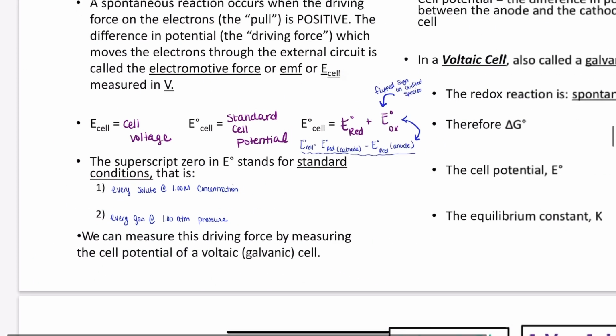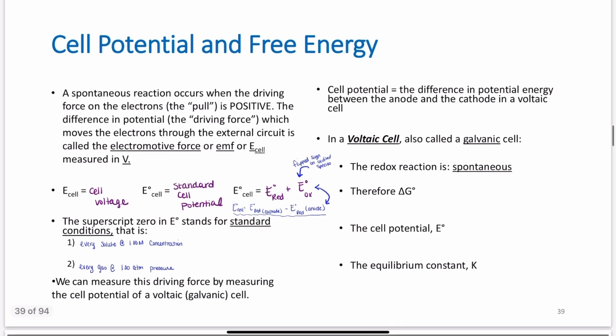Again, we don't have to be at those conditions, but if we're specifying with that naught symbol, that's what it means. We can measure this driving force, the EMF, by measuring the cell potential of the voltaic or galvanic cell.